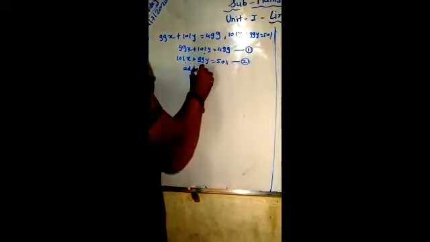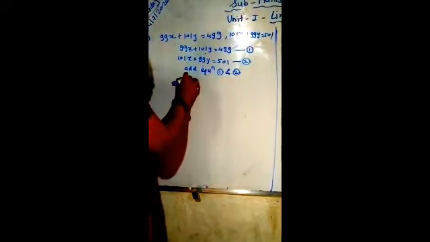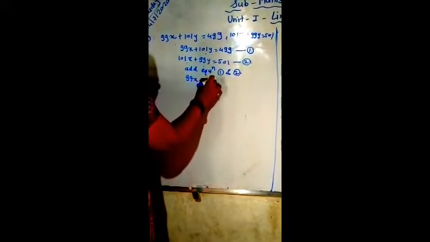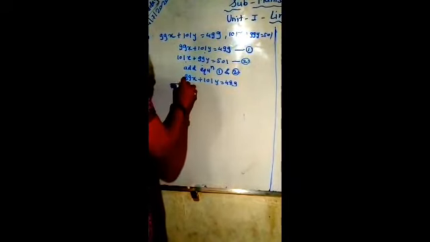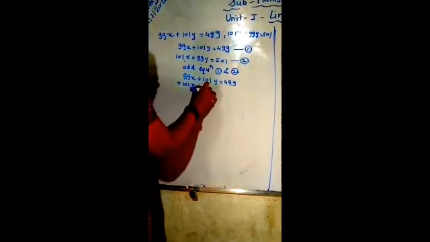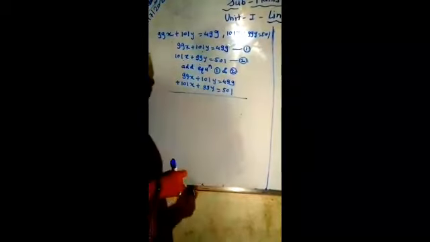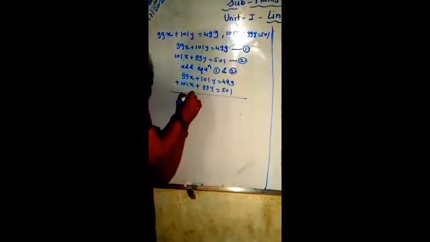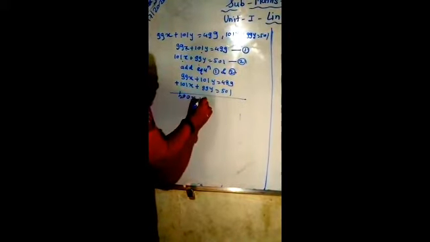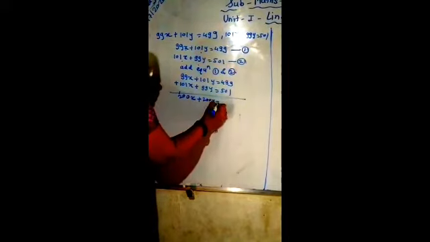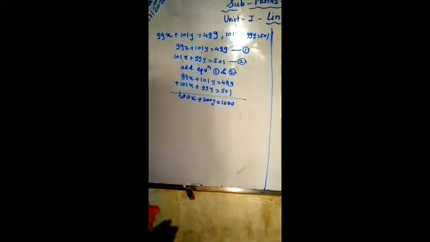Add equation 1 and 2. 99x plus 101y is equal to 499 plus 101x plus 99y is equal to 501. Carry out addition. Then we get 200x plus 200y is equal to 1000.